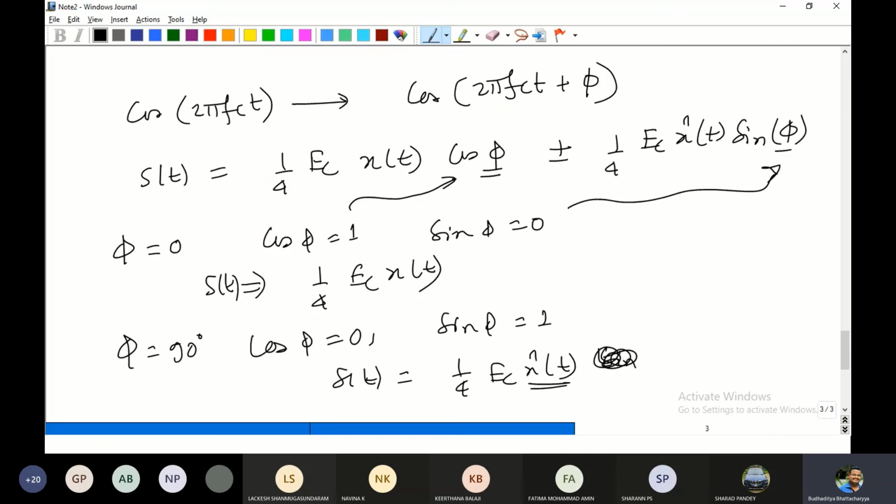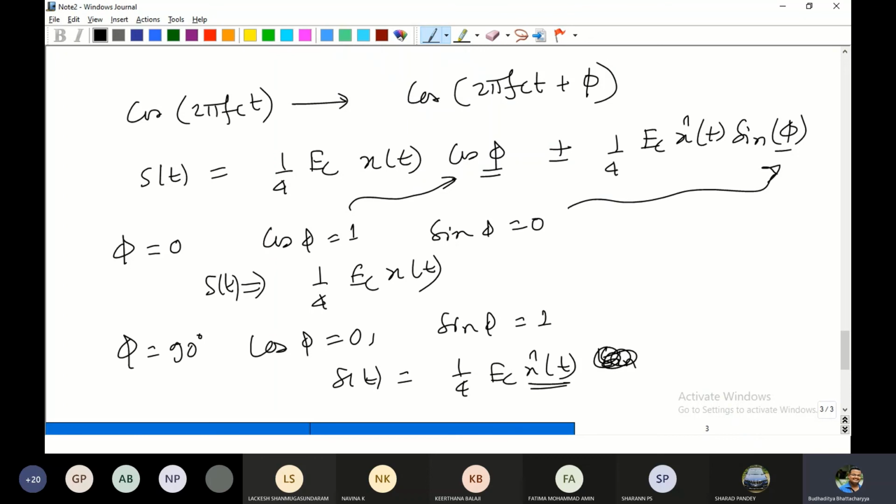Otherwise, you need very sharp filters, and that is not possible in a way, and that's why SSB is not very useful as an application for such cases. So it is mostly for audio signals.